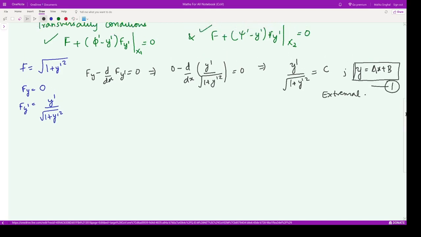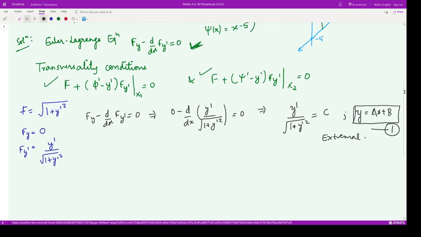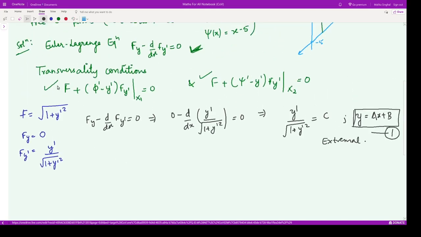Now let us solve these transversality equations, which are these. The first equation is f plus phi dash minus y dash fy dash at the point x1 is equal to 0. So what is f? F is root of 1 plus y dash square, plus what is phi dash?